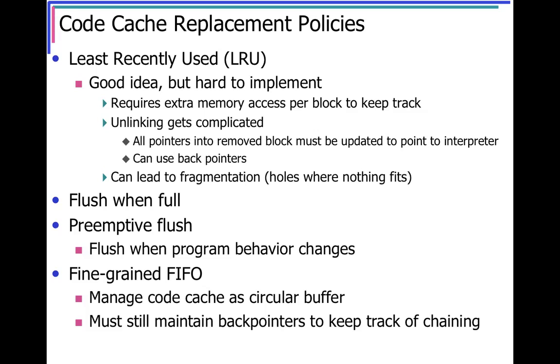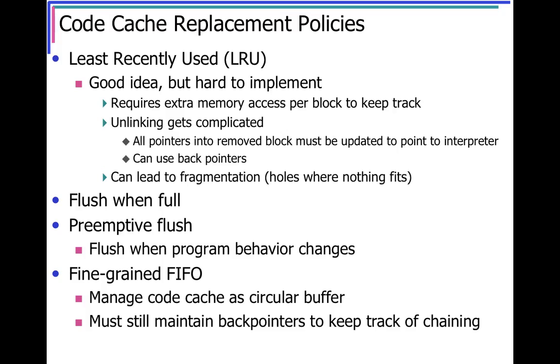We can do this on a trace-by-trace basis, and that is what is referred to as fine-grain. We fill up the code cache by traces, and when we fill the cache, we kick out the first trace that we put into the code cache and replace it with a more recent one.